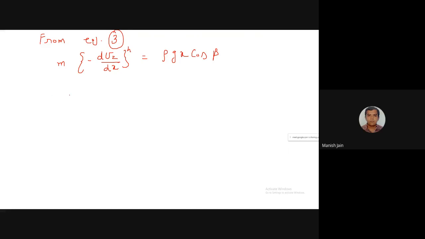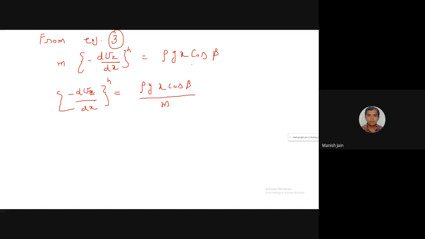Now just rearrange this equation, you will get minus dvz by dx to the power n equal to rho g x cos beta divided by m.